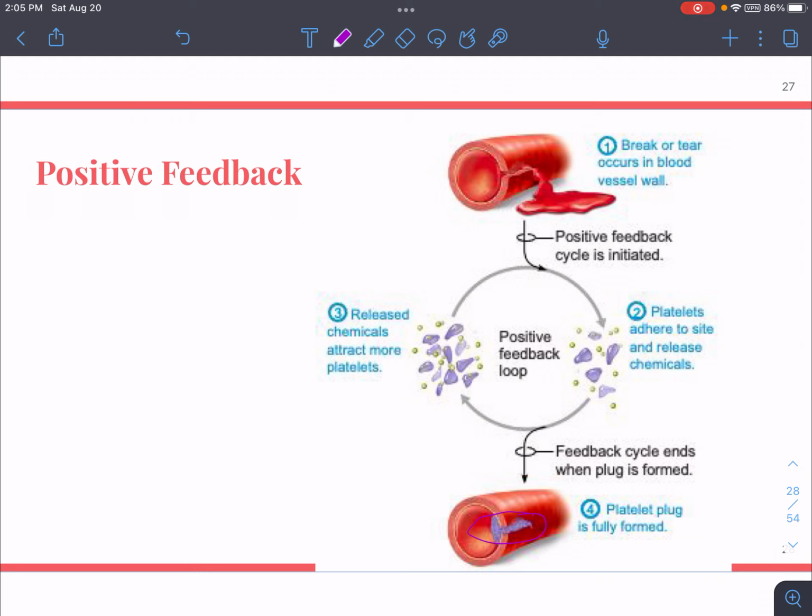So if you think about it, you get a hole in a blood vessel, platelets start to come, but then there are chemicals released that bring lots more platelets to the area to create a really good plug in that hole in the blood vessel to help prevent more blood loss.